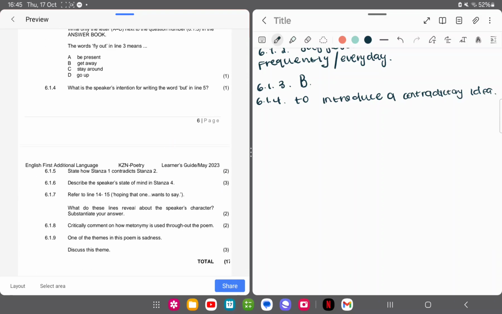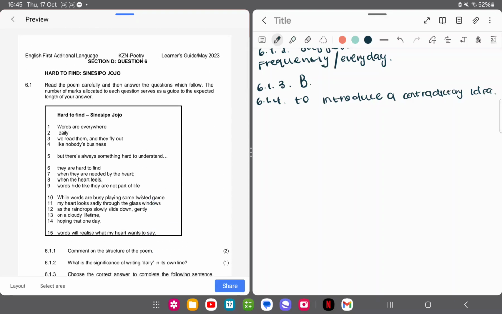Right, so 6.1.5 says, state how stanza 1 contradicts stanza 2. Stanza 1 tells us about the abundance of words, right? And stanza 2 says there is something hard to understand. We can say that stanza 1 focuses on that words come easily.